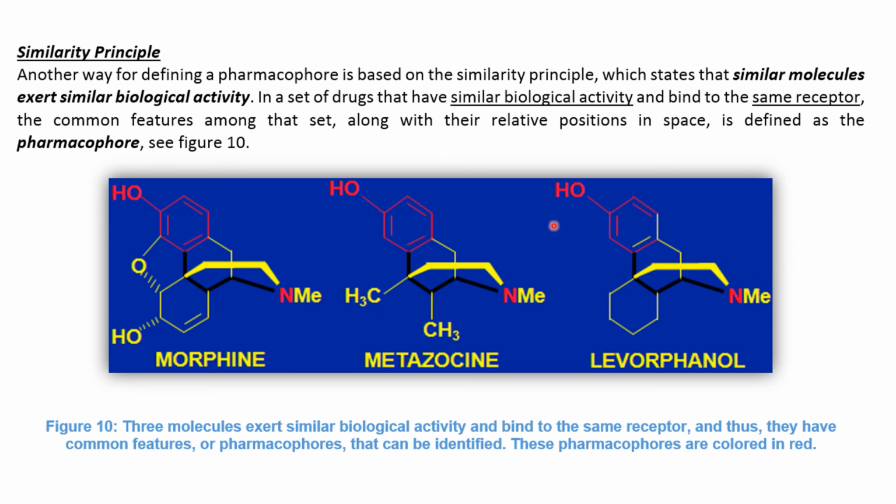You can imagine if you have more than three drugs, say you have 20 drugs, it will be difficult to find the common features, and that's when you will need the use of computer programs to perform that, especially if you're trying to find the generalized type pharmacophore.